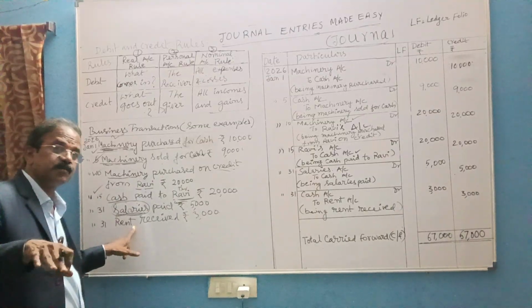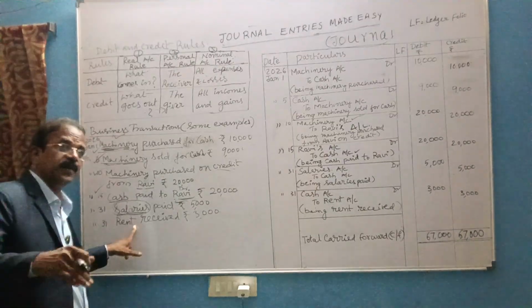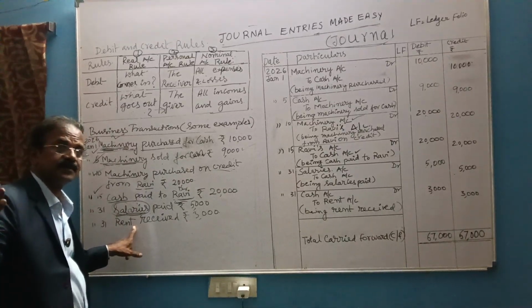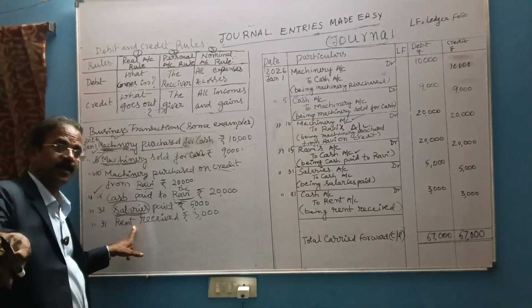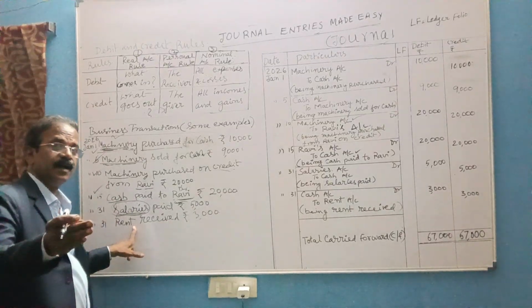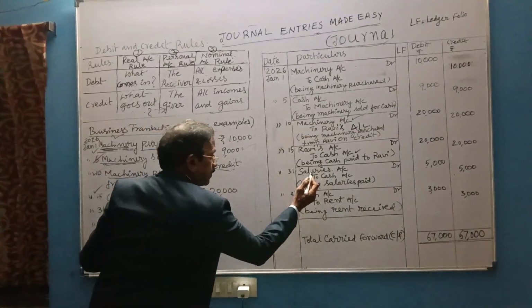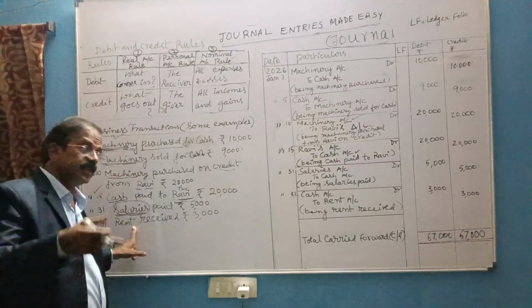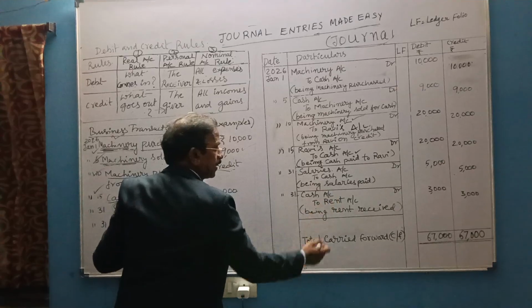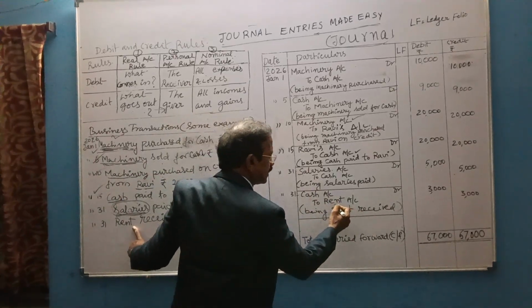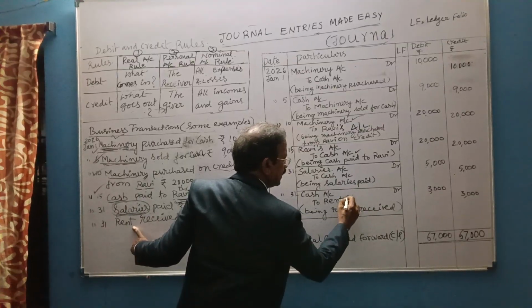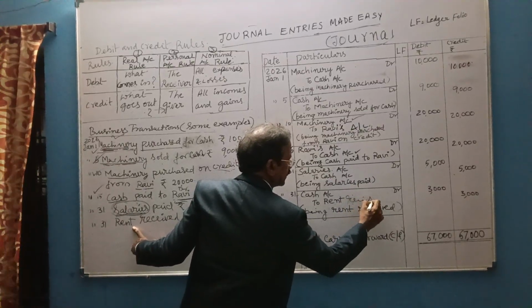That rent is income to us because we have given some room or some building to somebody else. So he has used our building, he gave some money. Since money came, cash debited. Since that cash is our income, credit it in the name of rent account. But sometimes we can write rent received account. Here, rent received account also you can write.